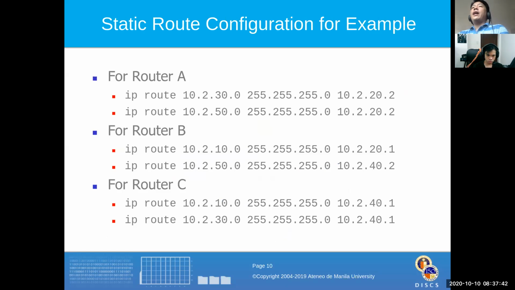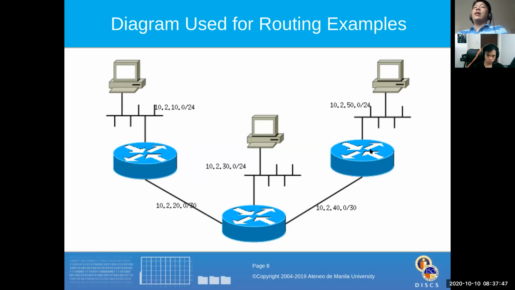The next is I define what is called a routing table entry. So if I look at this network here, if a packet gets to router A and wants to go to this network, I send it to this router.